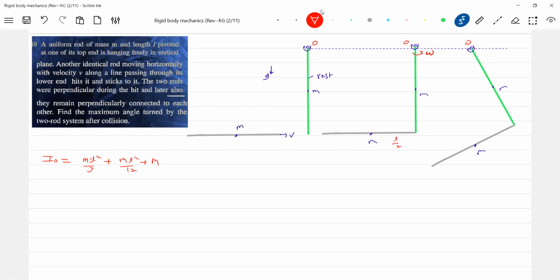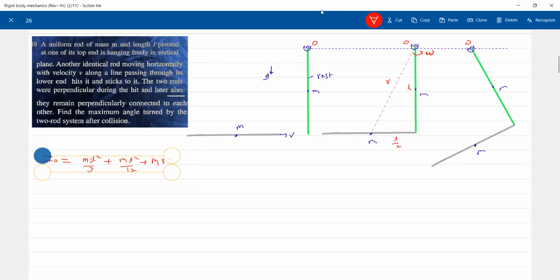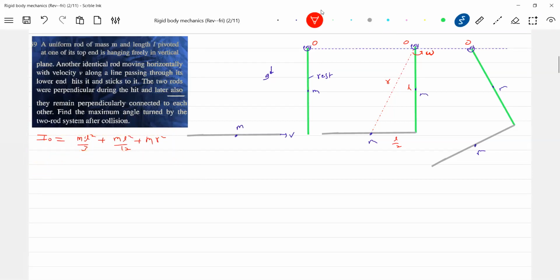And this is L. Let this be R. ML² by 3, ML² by 12, plus M into R², which will be M into (L by 2) whole squared.